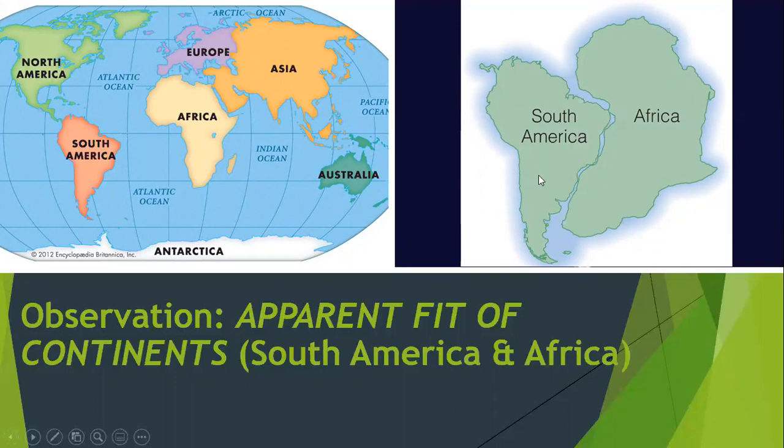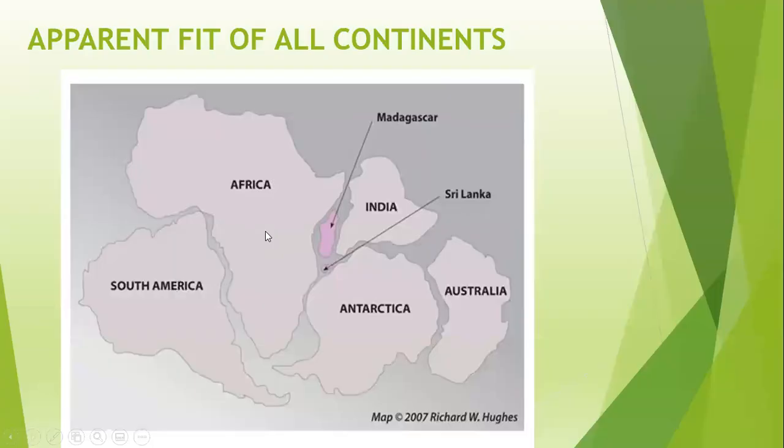By looking at this continental fit, that the continents apparently fit in a very perfect way, Wegener started studying other continents also. He started placing all the continents together like a puzzle. He started playing with these continent shapes like a puzzle. And when he was working on this, he saw something very interesting.